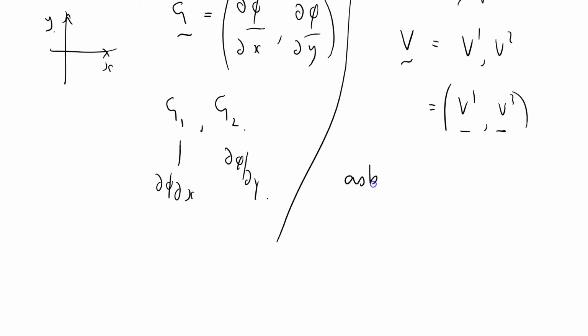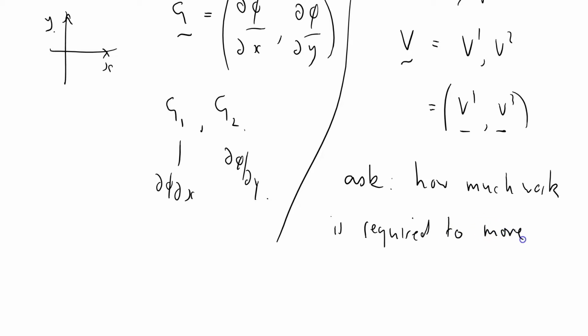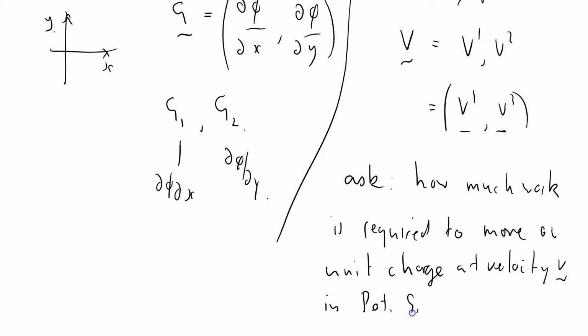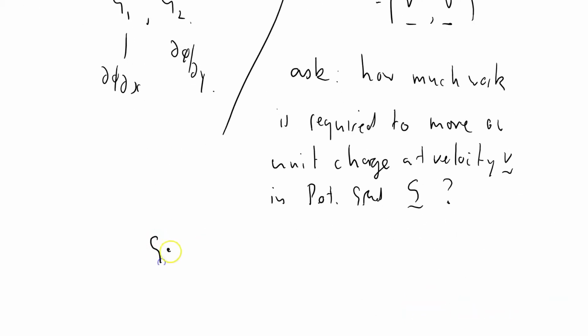And I ask how much work is required to move a unit charge at velocity v in the potential gradient, pot grad g. Well, the answer is just g dot v, of course. Or at least it is in classical coordinates.